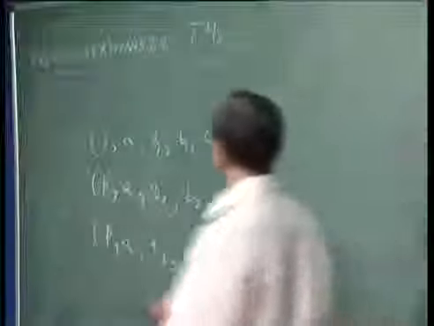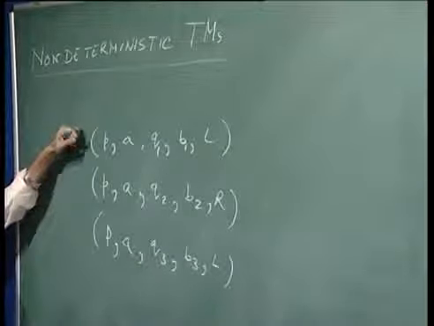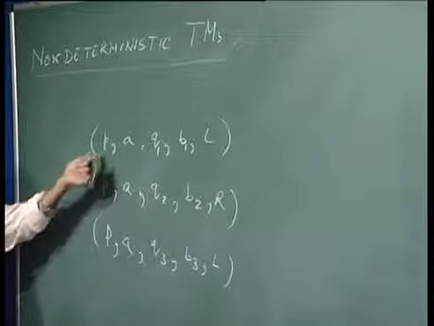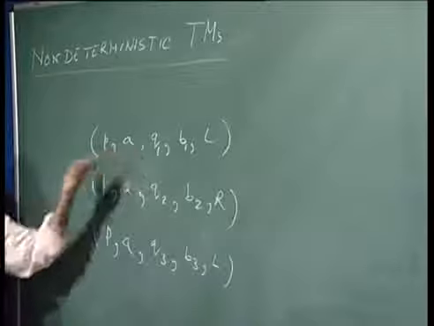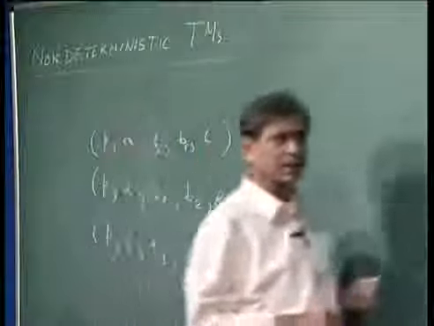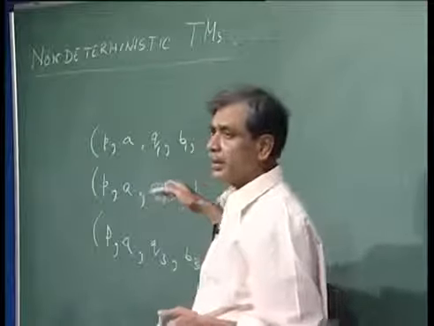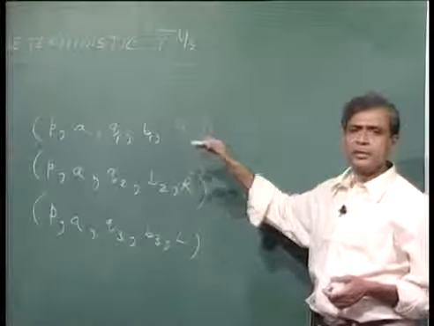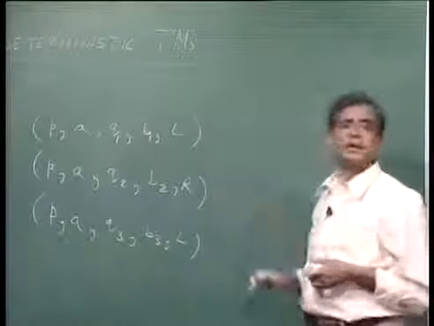The only thing is that in the set of quintuples that define the Turing machine, in the case of a non-deterministic Turing machine, we may have several quintuples, 0 or more, for the same single present state and present symbol combination. Now, what happens in a particular run of a non-deterministic Turing machine? The Turing machine will non-deterministically choose one of the quintuples, one of the possibilities it can make use of, and go ahead.